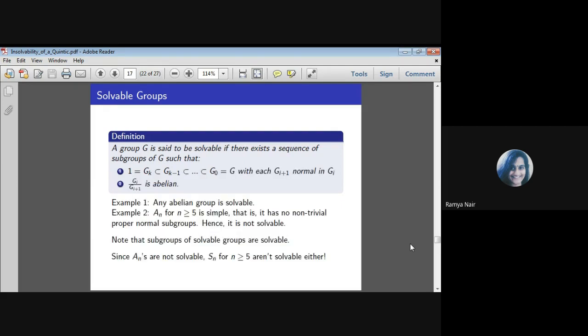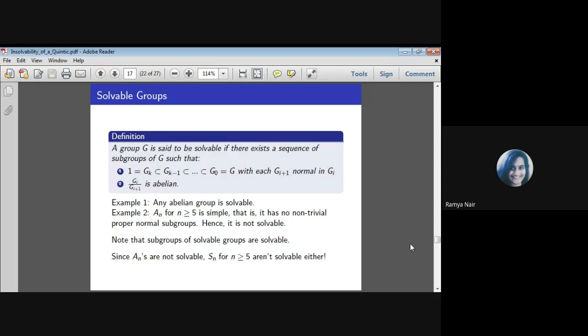So this is some technical condition. If you have a series, a sequence of normal subgroups contained in each other, and the corresponding quotients are abelian, such groups are called solvable groups.